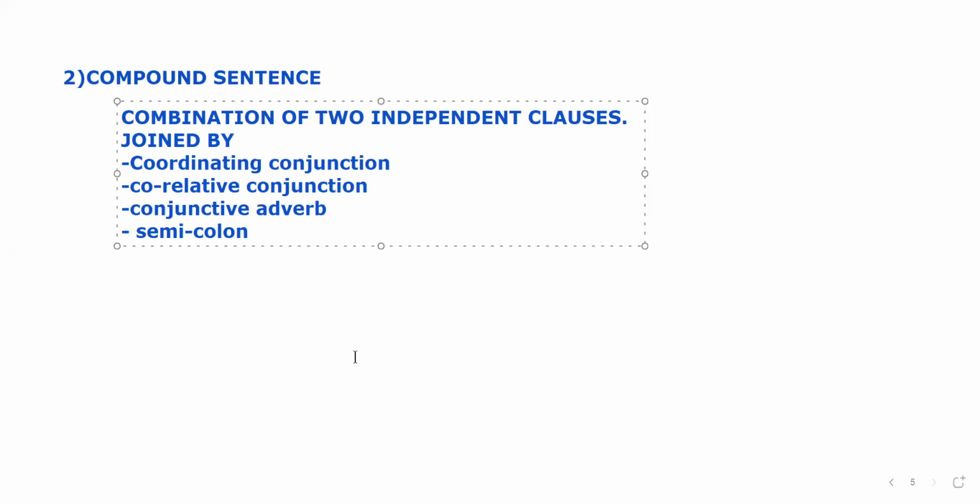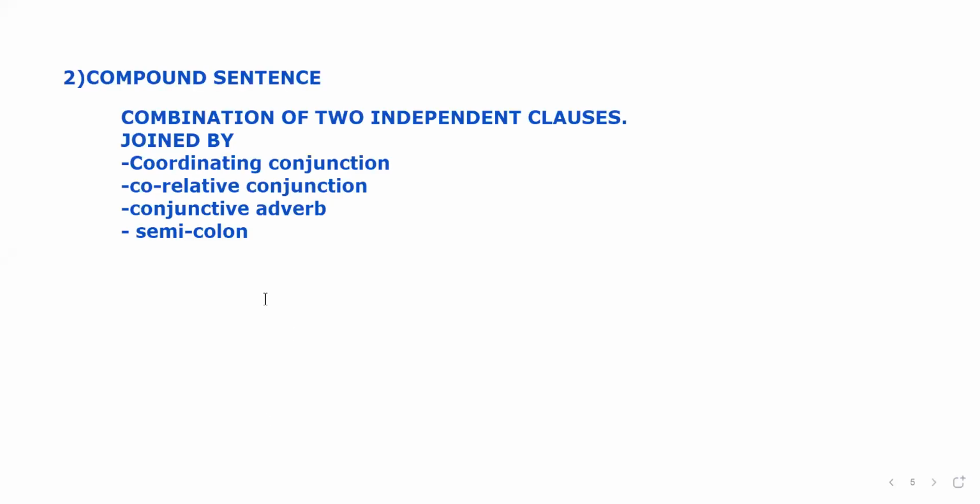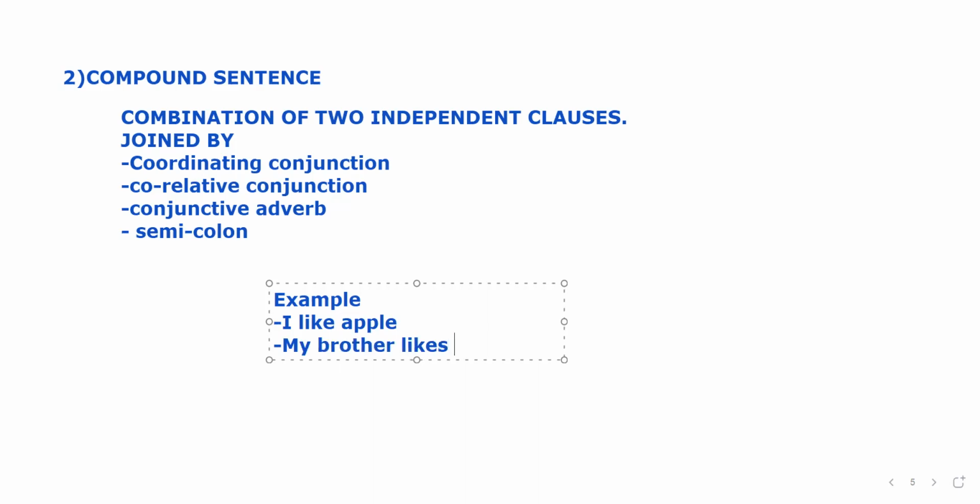Now, let's go into detail on what a coordinating conjunction is. For example, I have two very simple sentences. The first sentence is I like apple. And the second sentence is my brother likes mango.